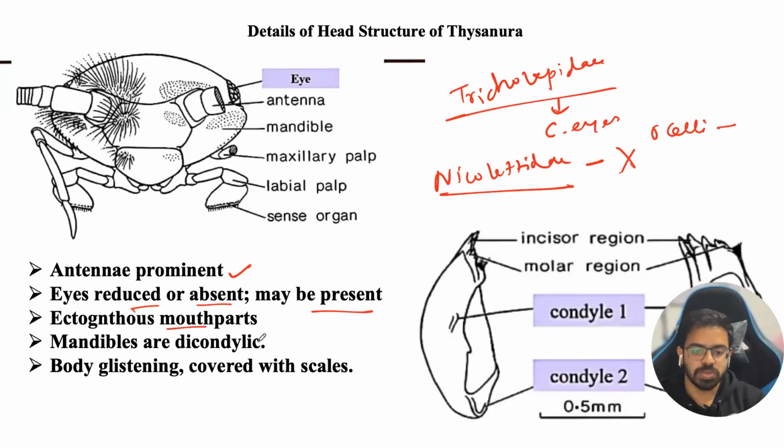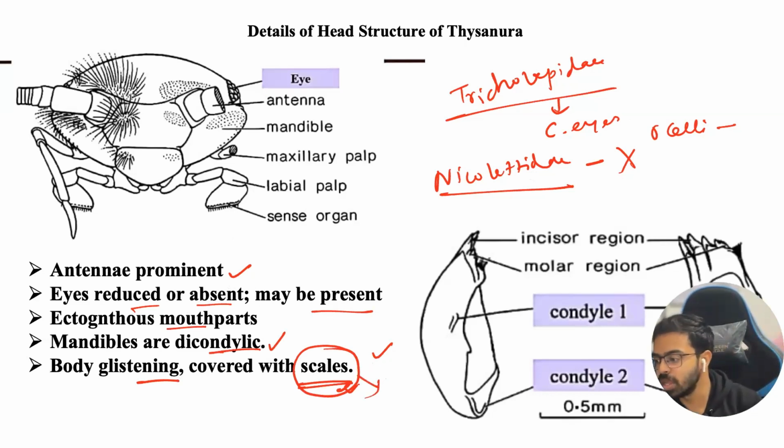Then ectognathous mouthparts, mandibles are dicondylic as I mentioned. Body is glistening, covered with scales. Remember this, not only Lepidoptera are covered with scales, the Thysaneura are also covered with glistening scales.